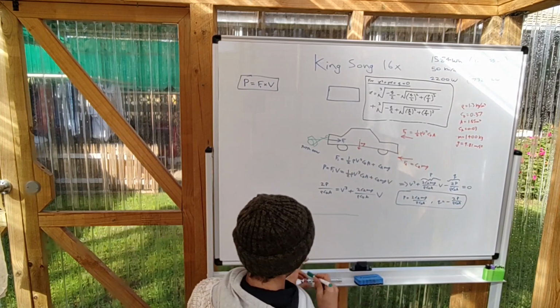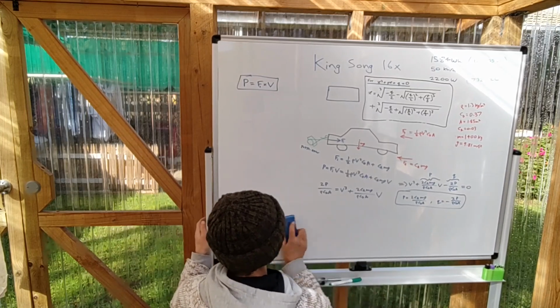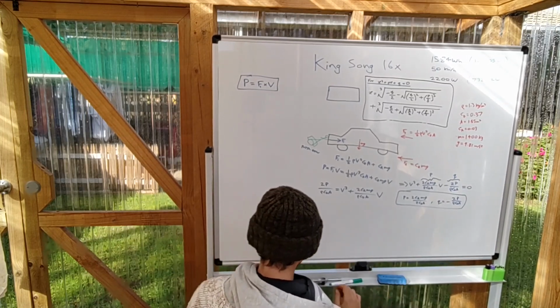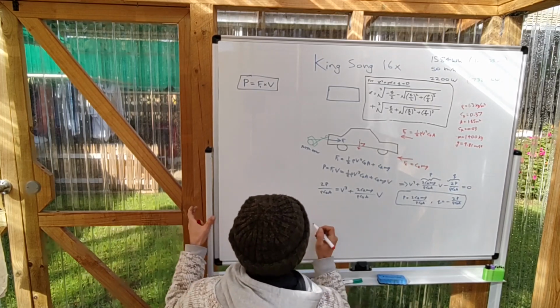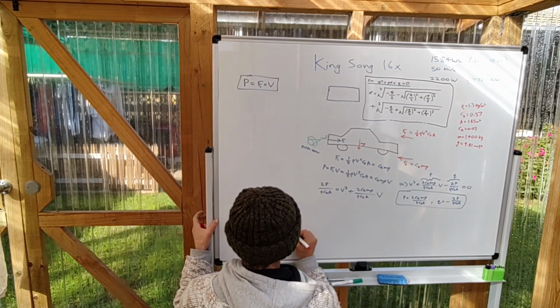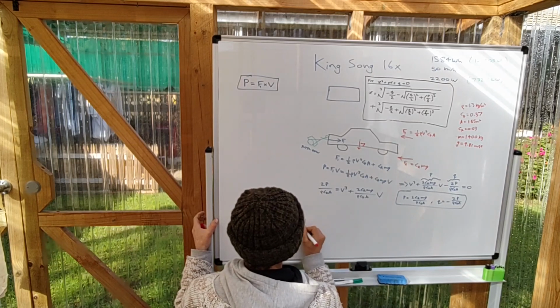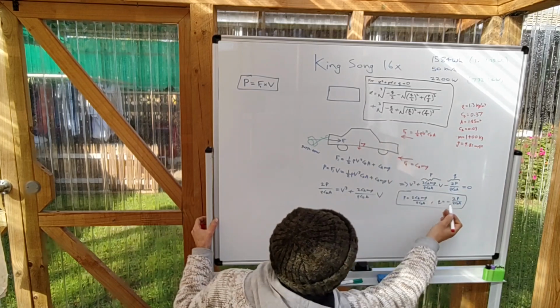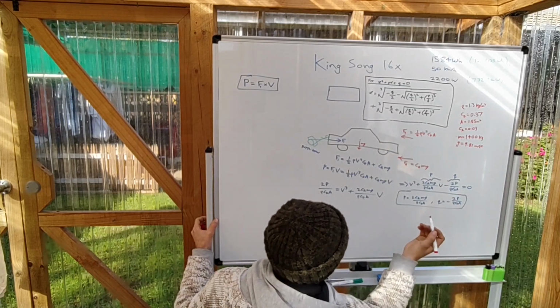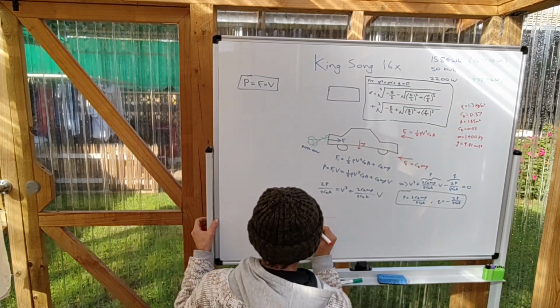Actually, green isn't the best color because you can barely see it. We'll do it in red. V equals the cubed root of negative q on 2, so that would be that on 2. It would just be p on rho CdA.